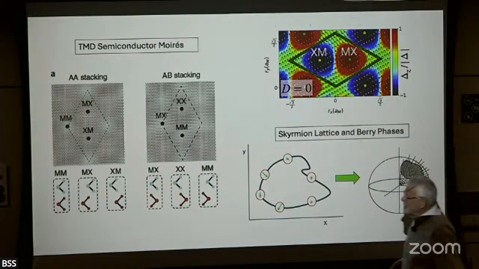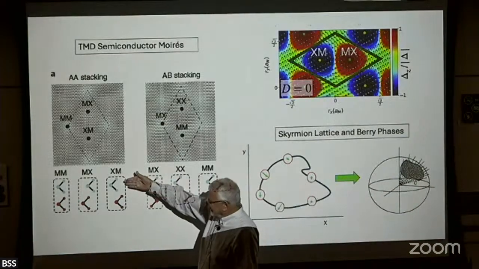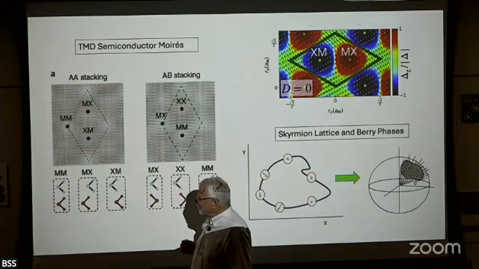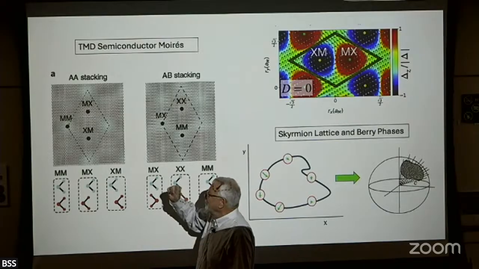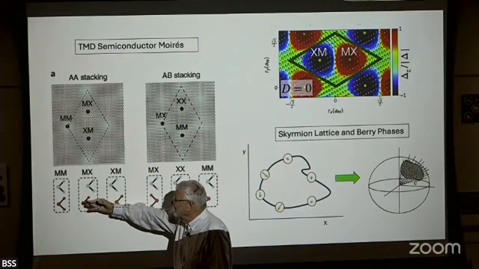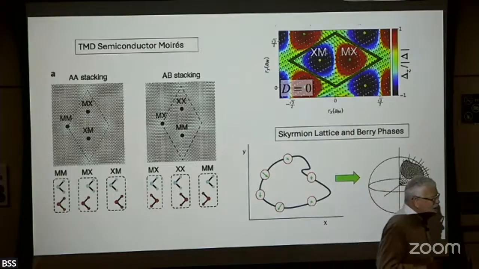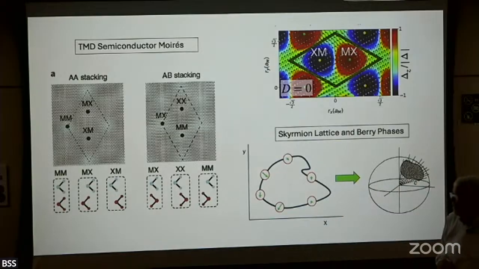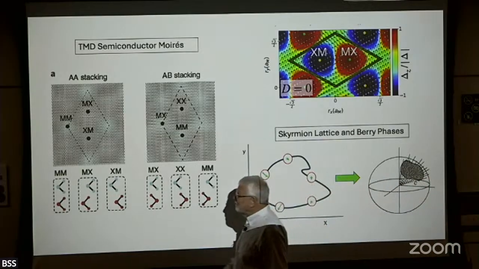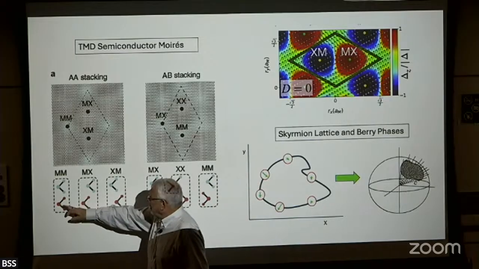Now I'm interested in these two layers, rotated by 120 degrees, 180 degrees relative to each other. And we make a moiré, so we slowly change the stacking between the two layers, to locally displace one layer relative to the other. And let's say I displace the bottom layer.